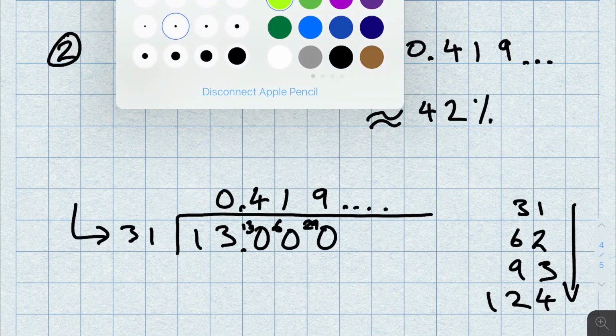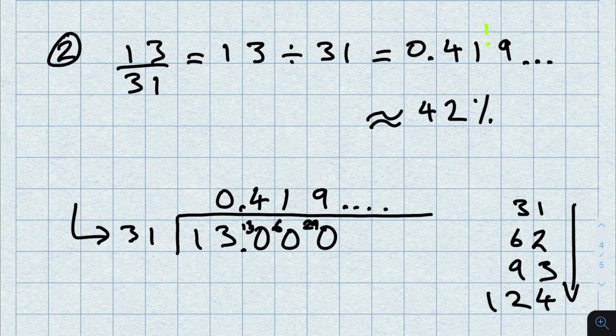Because, of course, I would look to round it just here. And the 9 being higher than 5 tells us to round up to the next one. And that gives us 42%.